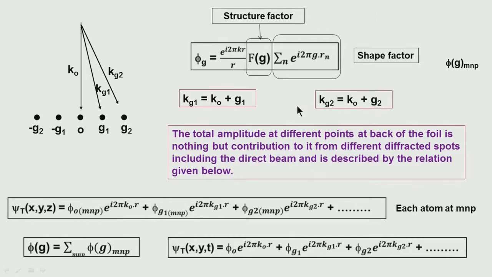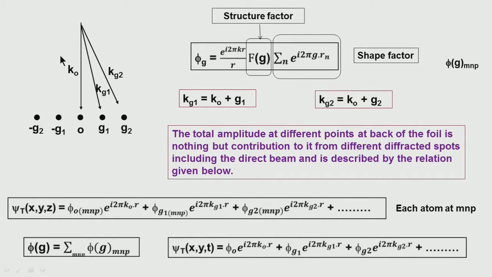Okay. So at any point on the image plane, the total amplitude of the wave there corresponds to the one coming from the transmitted region and the one coming from each of those spots. These amplitudes have to be added together.